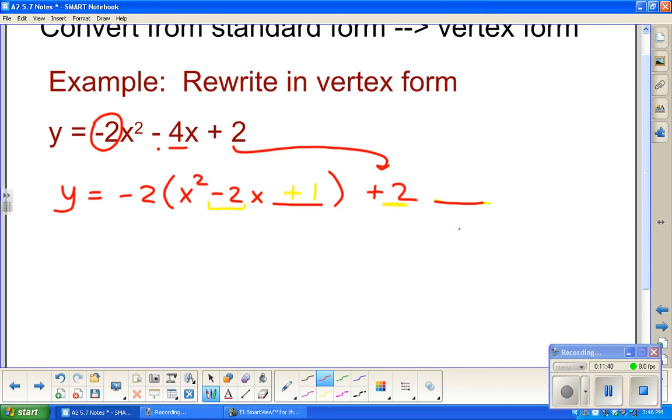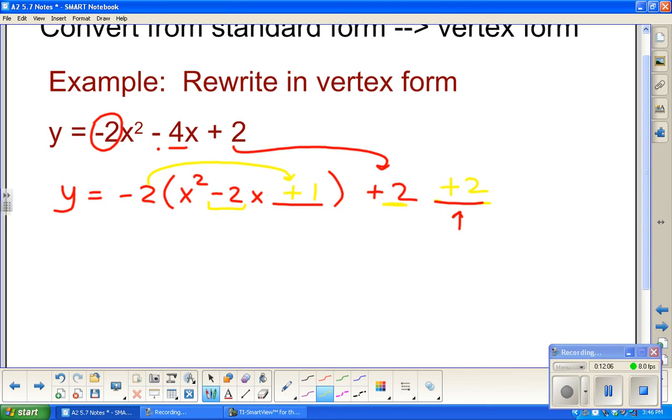I'm talking about over here. Do we want to subtract 1? We actually don't, because the 1 that we added is actually getting multiplied by negative 2. So we are really doing a minus 2. To balance that minus 2, we need to add a 2 here.